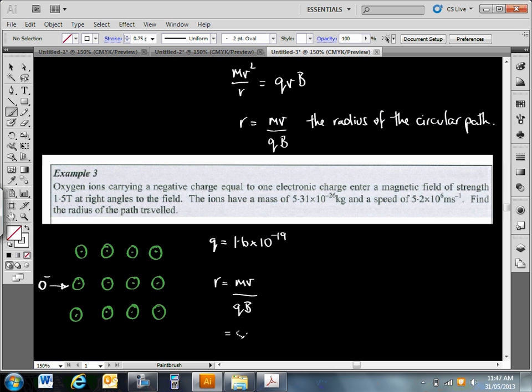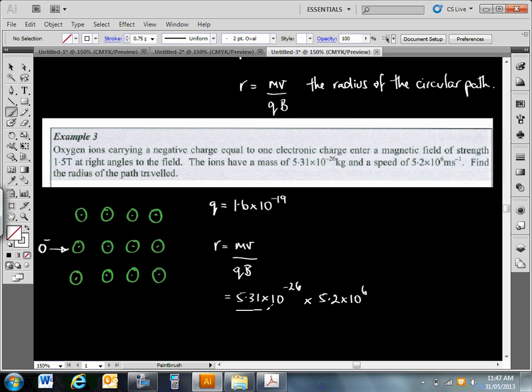The mass they give us, 5.31 by 10 to the minus 26, times their velocity, 5.2 by 10 to the 6 meters per second. Quite a high speed. Q is 1.6 by 10 to the minus 19, and B is 1.5 Tesla.